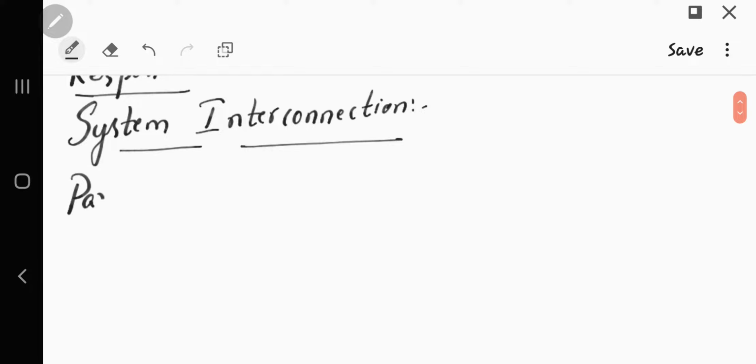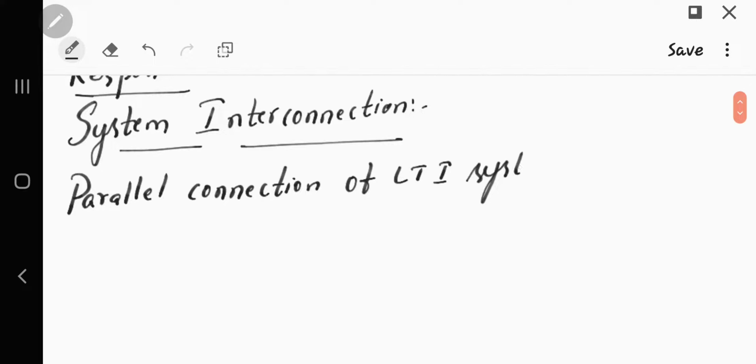So we say that as parallel connection of LTI systems.